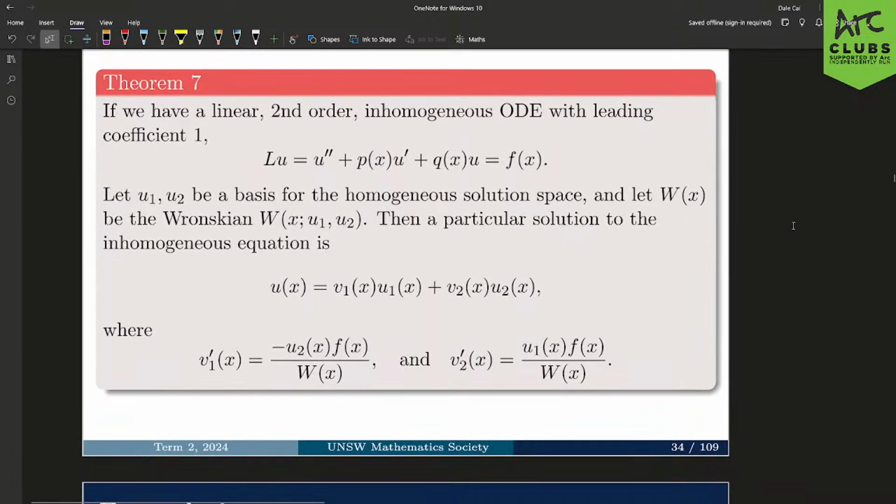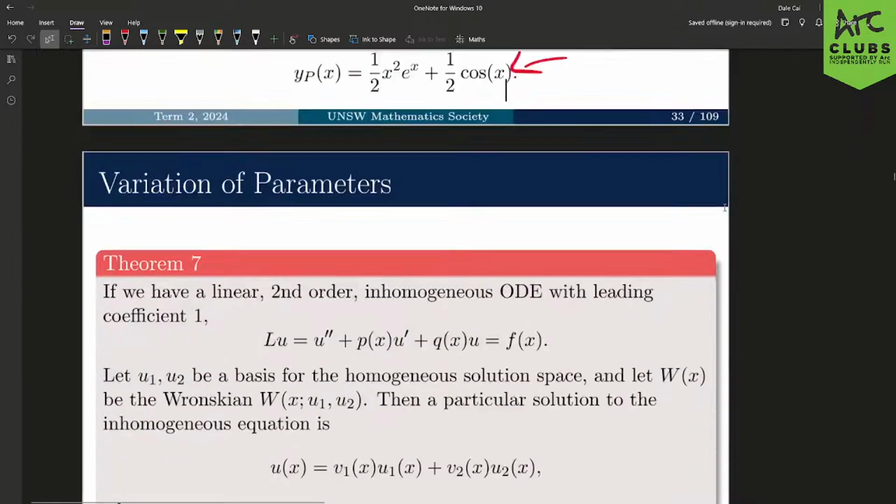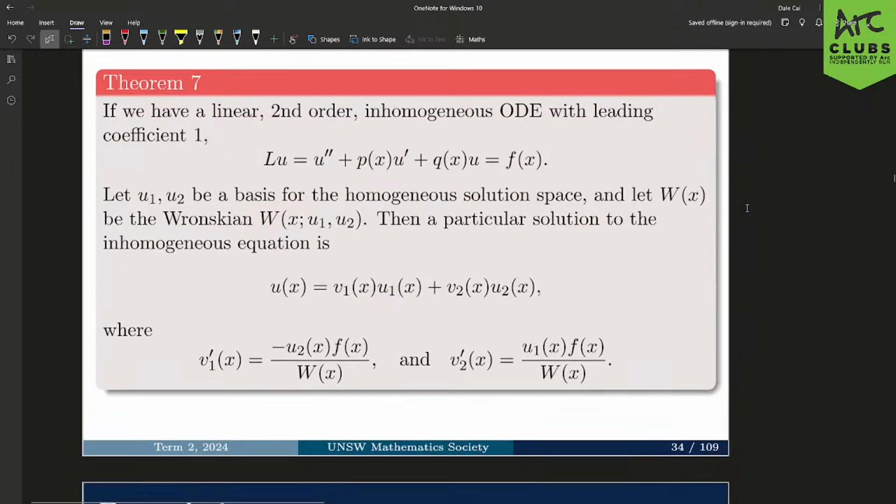Okay, variation of parameters. From here, these are strategies to find the particular solution after we found homogeneous solutions. That's what this section has been about for the past few slides.